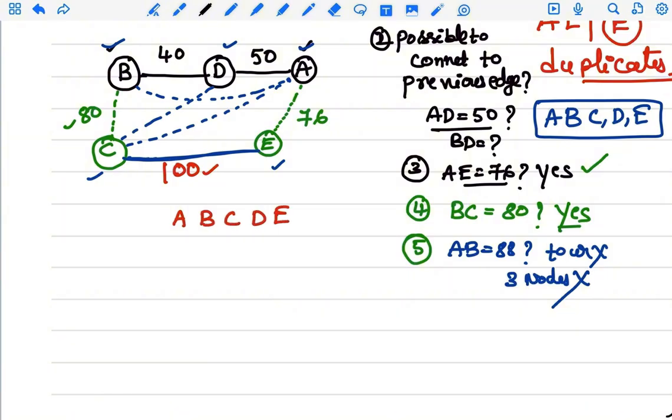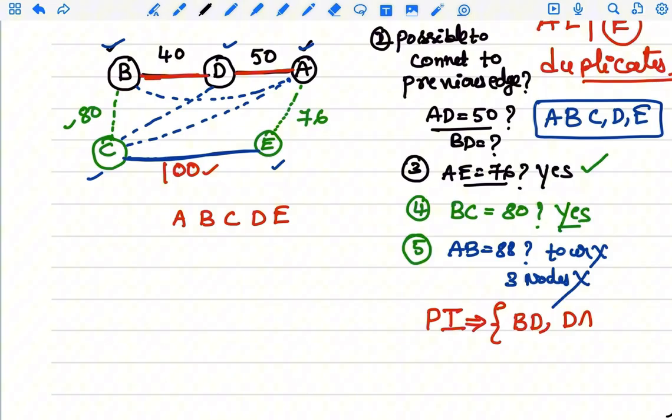First we selected BD. This is the permanent edge. So what are the permanently included branches? PA means permanently included branches. So this is important. First one, BD is a permanently included edge. Why? It has the smallest distance, 40. Next one, DA is a permanently included edge.